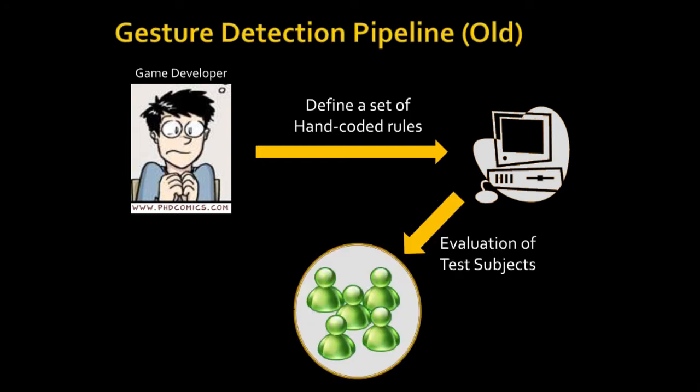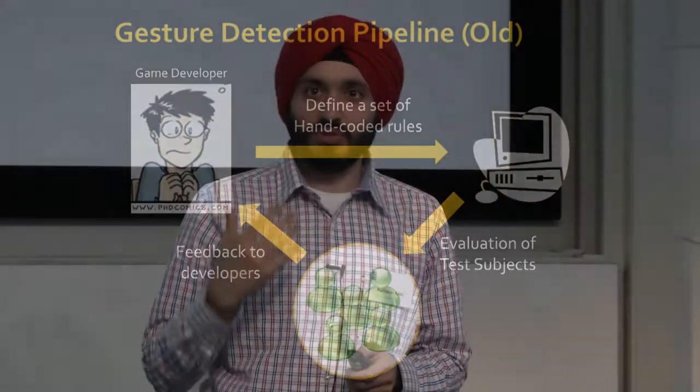The system is then tested on a bunch of users, and you get the feedback, and it will be given to the developer saying, okay, this system does not work on 20% of the participants, and they were doing punches like this. So you now have to devise a rule for people who punch like this rather than punch like this. Okay? And this process repeats.